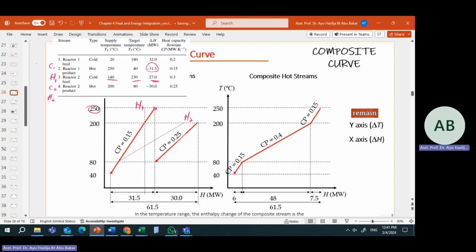So the coordinate will be 31.5 and 250. 40 is the T target, and from high to low, let's say we start from 0, so the coordinate here would be 0, 40.